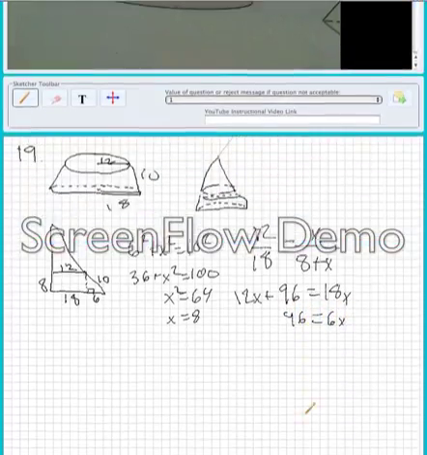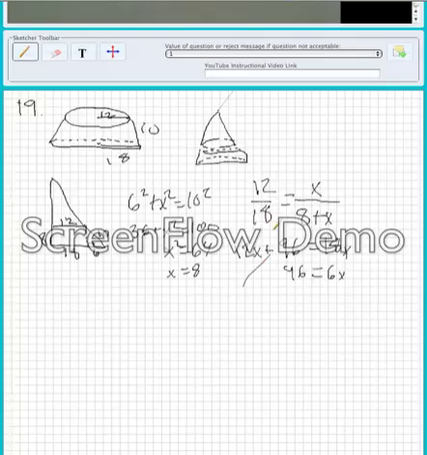And then we get this to come out to be, I believe, 16. So x is 16, so we can write that in right here. So now these lengths right here are going to be the heights of our cones. So the height of the small one is 16, and the height of the big one is 24.